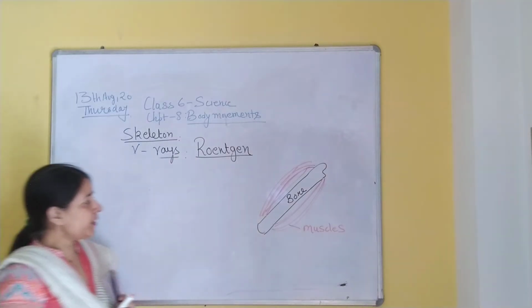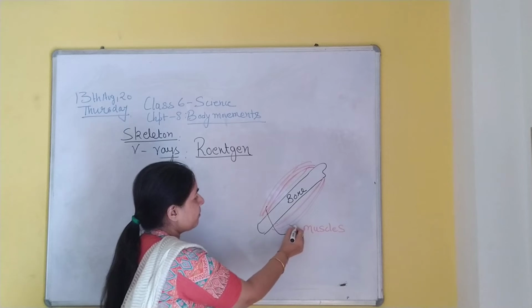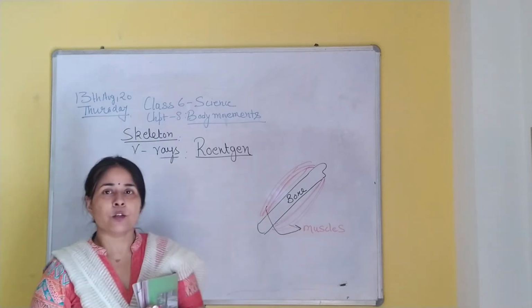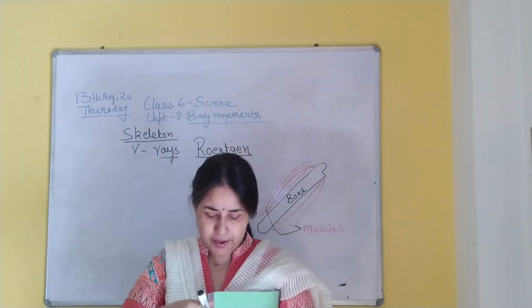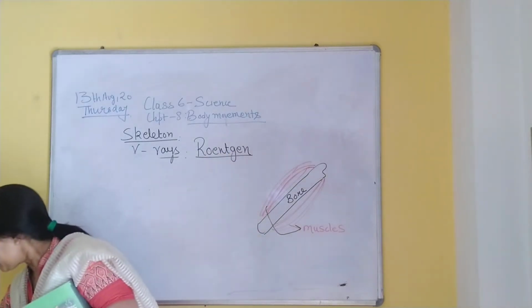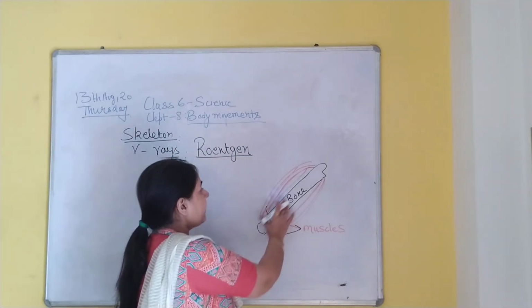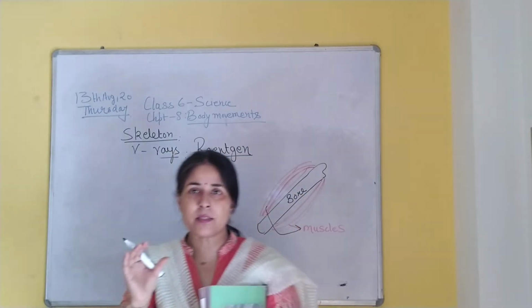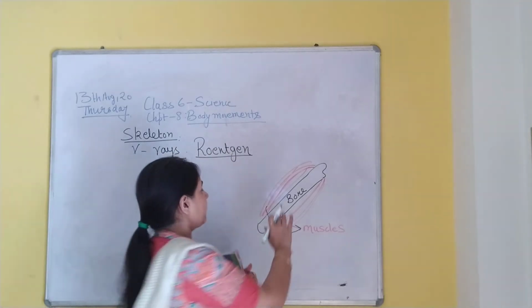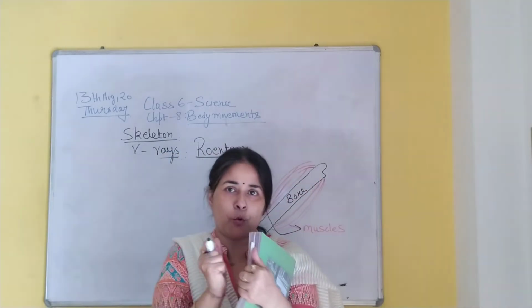Now every bone is connected by a pair of muscles. This is the pair of muscles. So what happens when these muscles work in pairs? These muscles work in pair. Let us see that this muscle is contracted. Contract मतलब वो छोटी हो गई है.